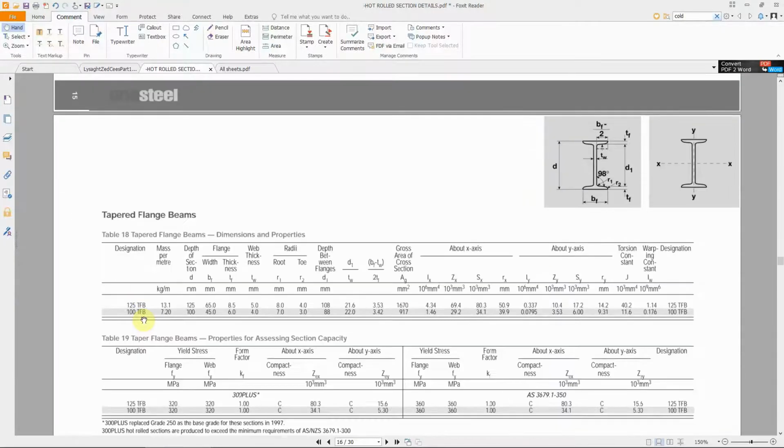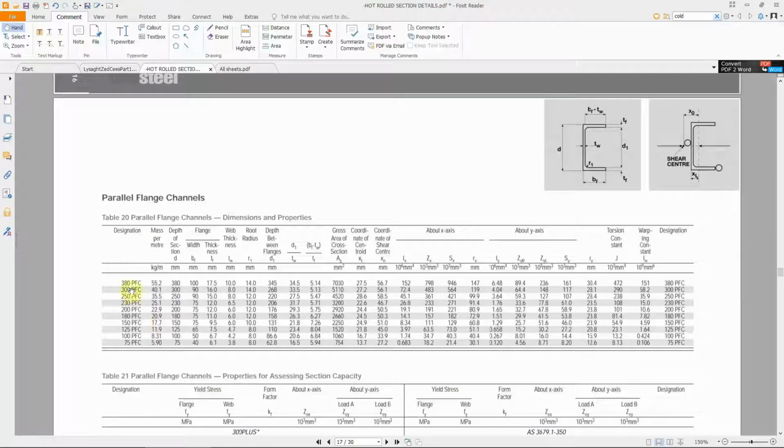Now moving on to PFCs, the only number we're showing there is the size of the channel. Because when we have one channel with one size, we have one weight for it. We get the weight here, so we don't usually use the weight as part of the name for the channels, only for the parallel flange channels.